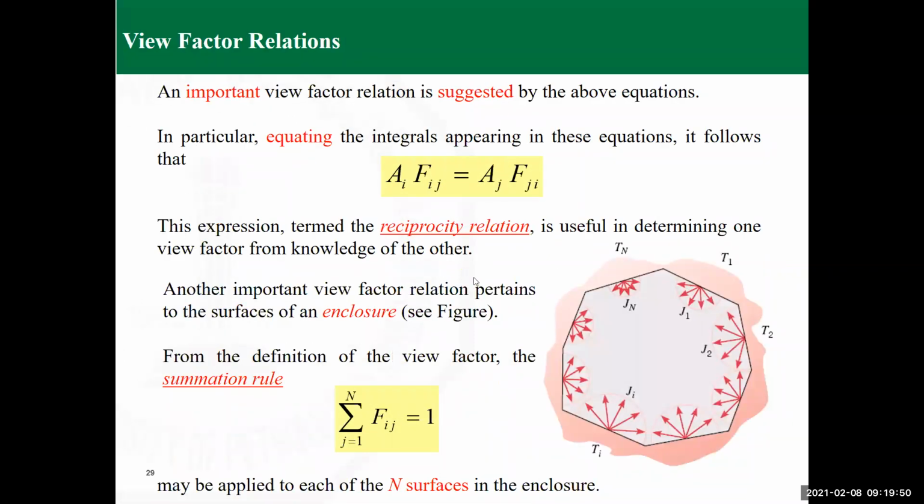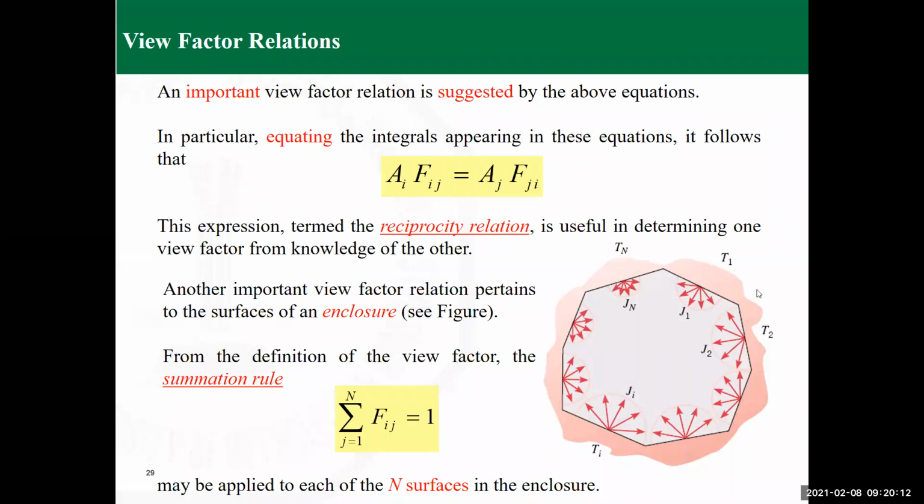The other radiation property is what we call the summation rule, which means that the shape factors F12 plus F13 plus F14 plus F15 plus F16 plus F17 are equal to 1. What is the shape factor? It's a fraction.